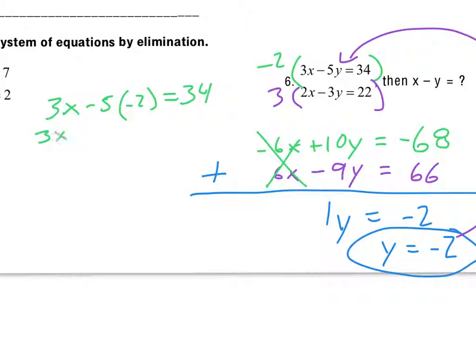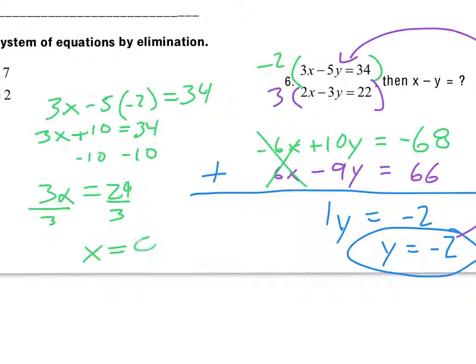Well, the 3x stays the same. A negative 5 times a negative 2 becomes a positive 10 equals 34. And now to find our x, we're going to subtract 10 from both sides. So 3x equals 24. And if we divide both sides by 3 now, we see that x equals 8.